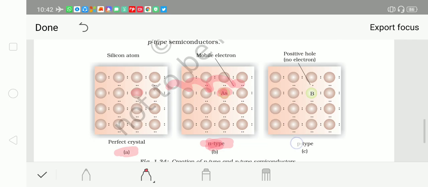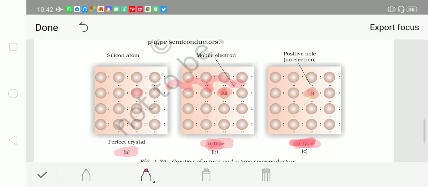And the next one is the p-type semiconductor. Here P is for positive. This type of semiconductor is formed when you are doping with the help of a 13 group element as an impurity. For example, boron is a 13 group element, and it has 3 electrons in the outermost shell.